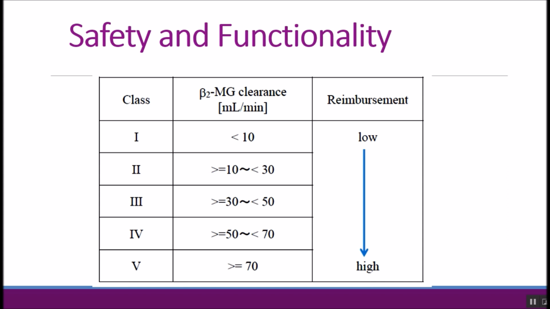For the functionality, we can classify the dialyzer into 5 classes depending on beta-2 microglobulin clearance, from class 1 or low flux to the high flux or super flux, and this is the range of how much beta-2 could be removed.